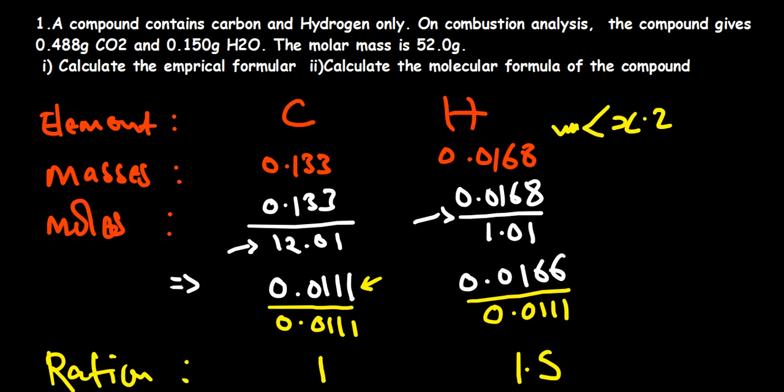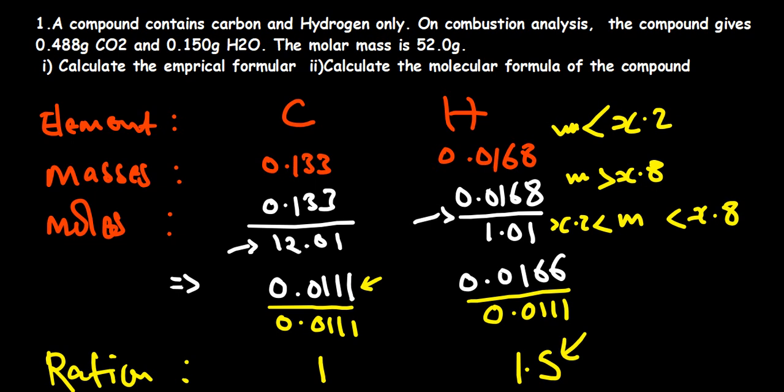But if you have a number that is between x.2 and x.8, we can't round off. We see that this 1.5 is between 0.2 and 0.8, so we can't round it off.